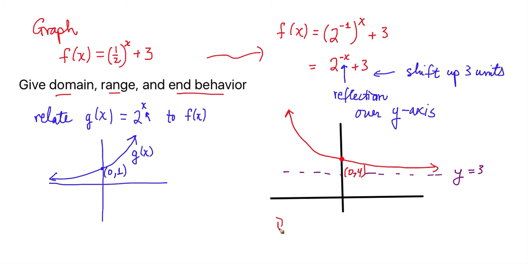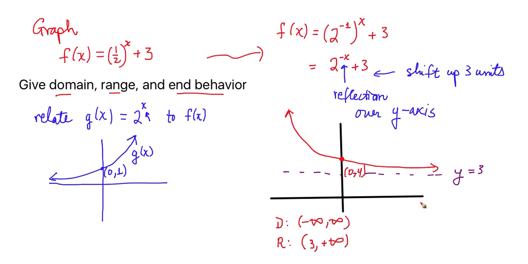So the domain of f of x would still be all real numbers, from negative infinity to positive infinity. Nothing has changed there. You can plug anything in for x without breaking the function. The range, all the possible outputs or the possible y values, would go from 3 inclusive to positive infinity.